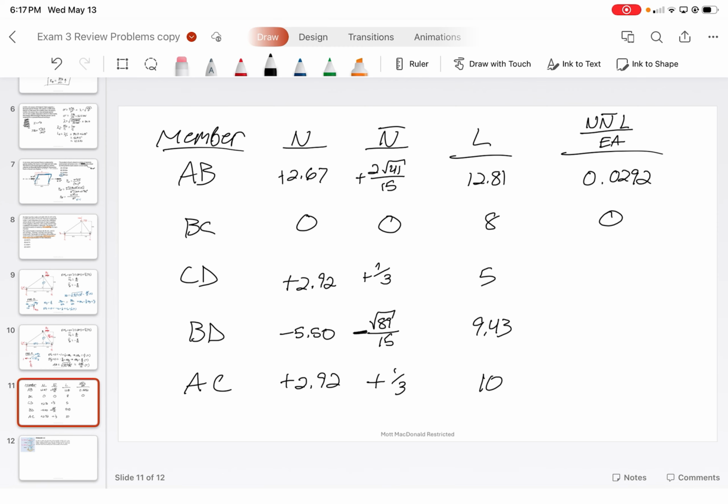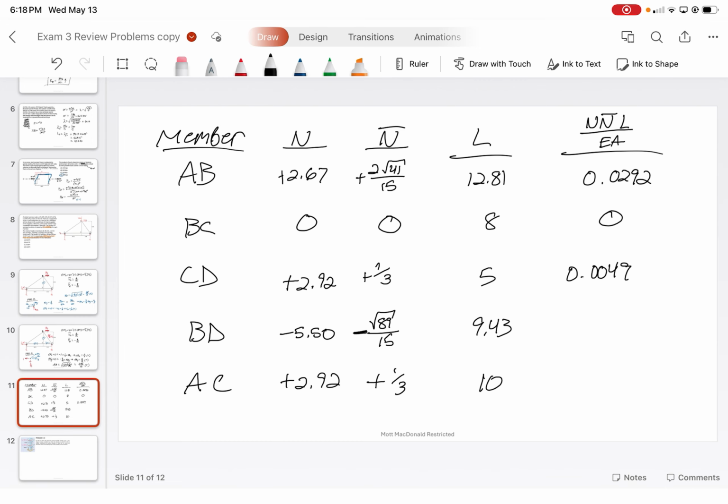And then you just repeat the process for everything. 2.92 times 1 over 3 times 5 divided by 1,000 gives us 73 over 1,500, which I'm just going to keep in decimal to make things easier: 0.0048 or 49, I'll say, just round up.